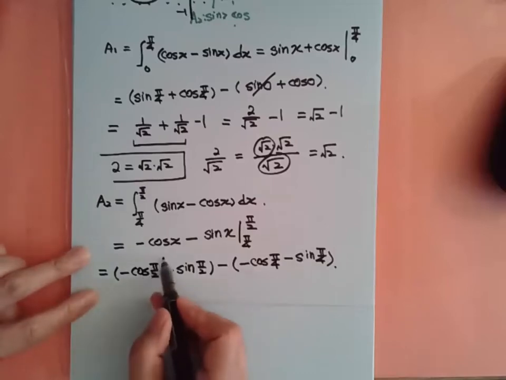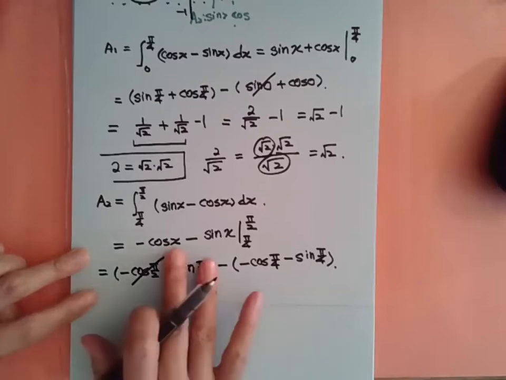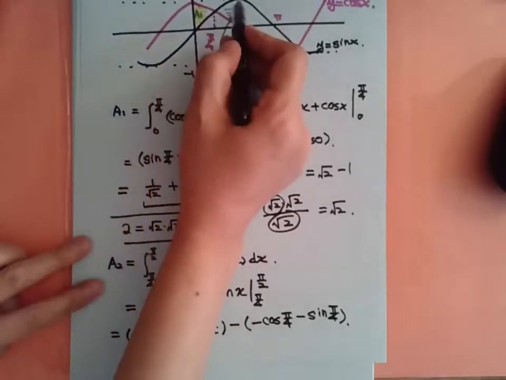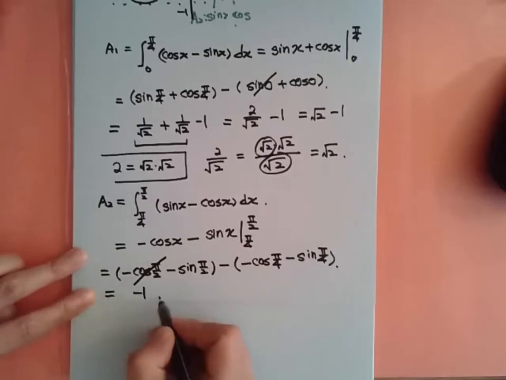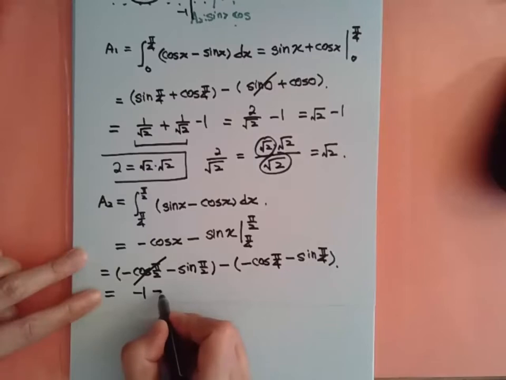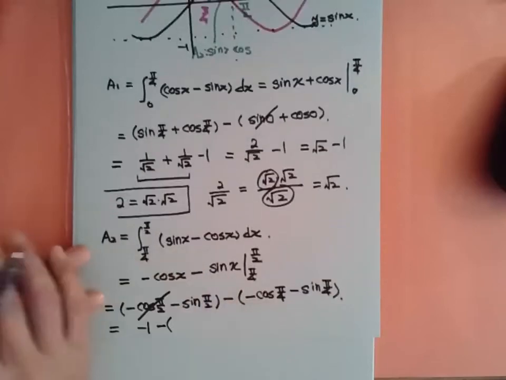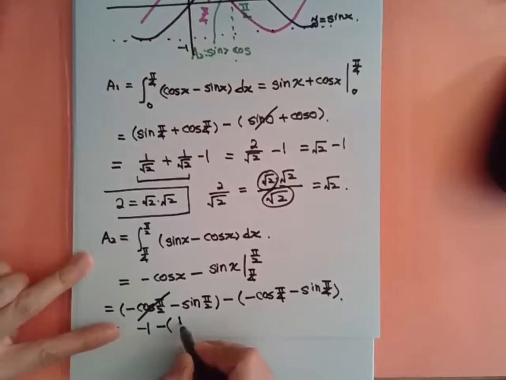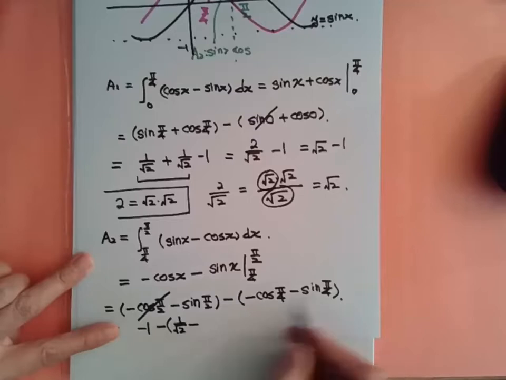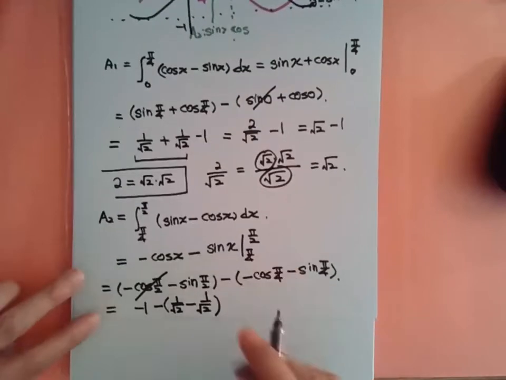Cosine of pi over 2 is 0. Sine of pi over 2 is 1. So we write minus 1 from the first one. And minus cosine of pi over 4 is 1 over square root of 2, minus sine of pi over 4 is again 1 over square root of 2.